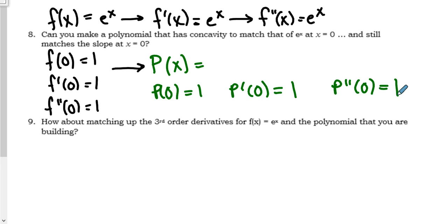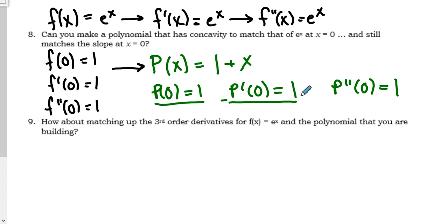So if I try to build such a polynomial, the constant term needs to be 1 to get that to happen, okay? And then we already worked with our tangent line example earlier, and that was our tangent line, okay? And that's going to allow, when I take the first derivative of this, the 1 will go away, and its derivative would just be 1, and that would satisfy this.